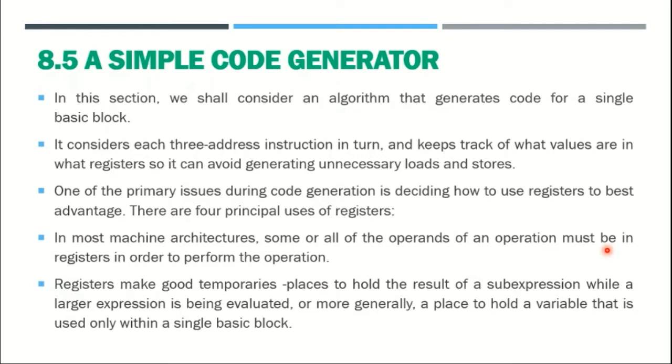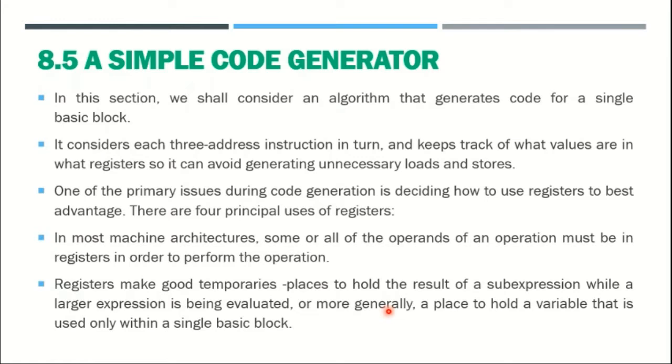That means while performing any instruction, which is a combination of operator and operands, the operands must be in registers. The machine architecture can store both the operands in register memory to perform that operation. So registers make good temporaries. That means registers are helpful to temporarily store values to complete that operation or instruction execution.